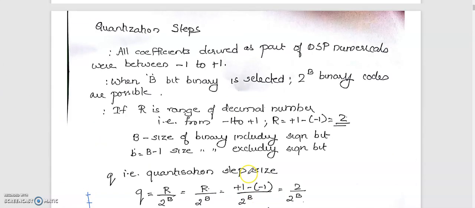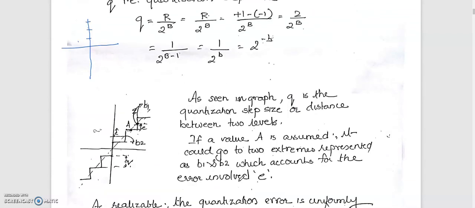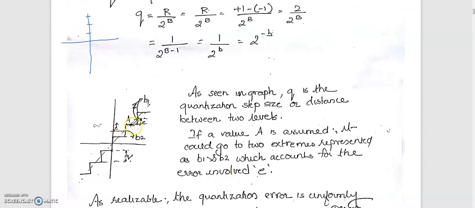So now we'll learn about quantization steps. A quantization step is nothing but the difference between two approximated values. The difference will be given by this quantization step. So it can be either this value or this value.